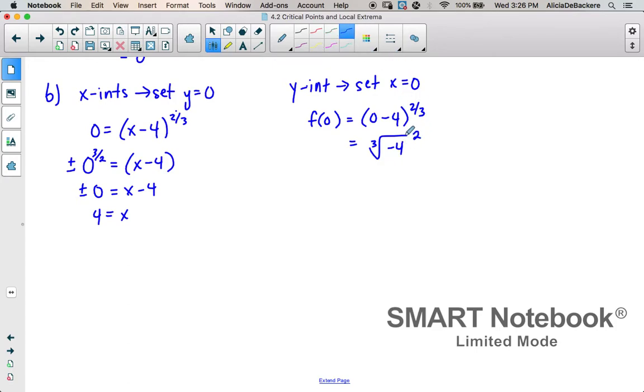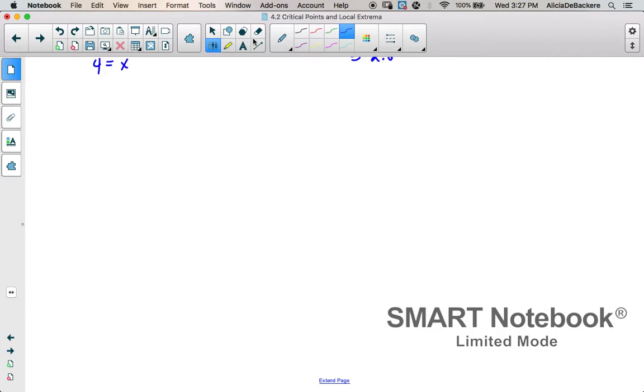So I'm going to extend this and I'm going to square the -4 first. I'm squaring the negative as well, but it would be okay for me to cube root a negative number. That's fine. So I've got the cube root of 16, which, since I'm going to graph it, I'm going to just change that to a round decimal. It's about 2.5.